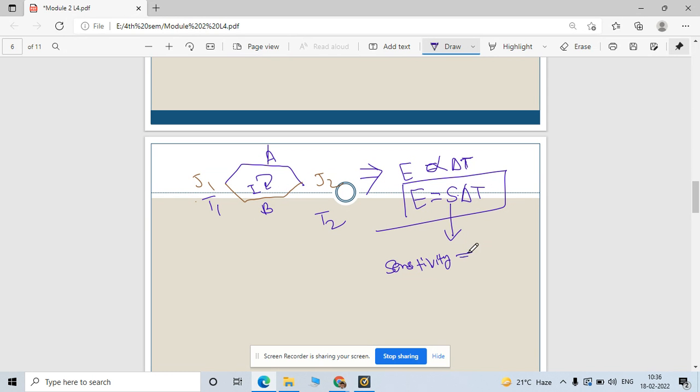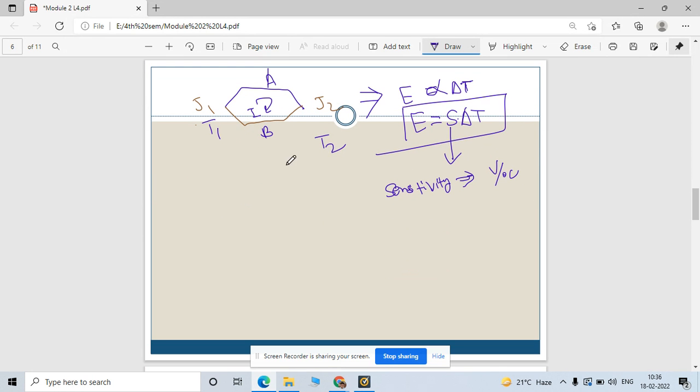and generally it is specified in terms of volts per degree Celsius. Okay. So the first law, you can say, is this: if two metals are joined and it has T1, T2, these are your two junctions.